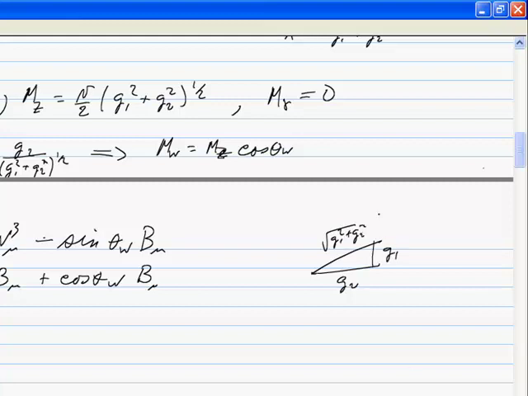This is then G1. We also have tangent of this weak angle, the Weinberg angle, is G1 over G2.